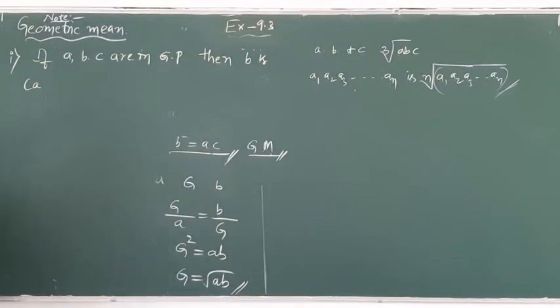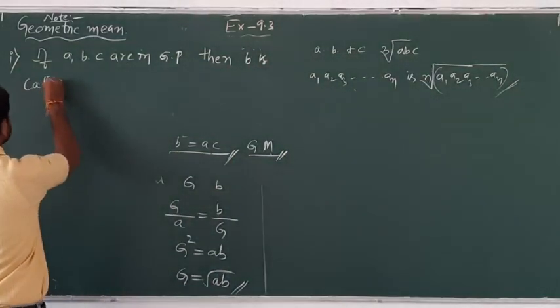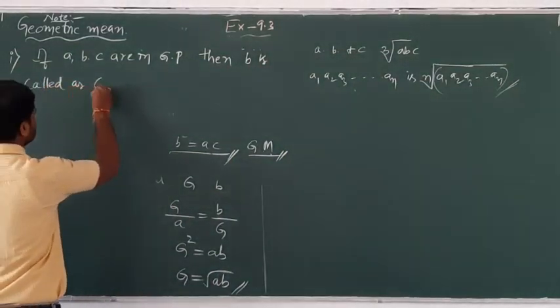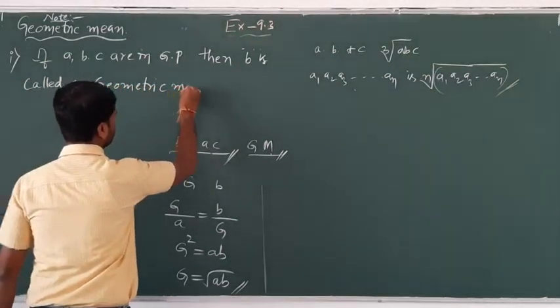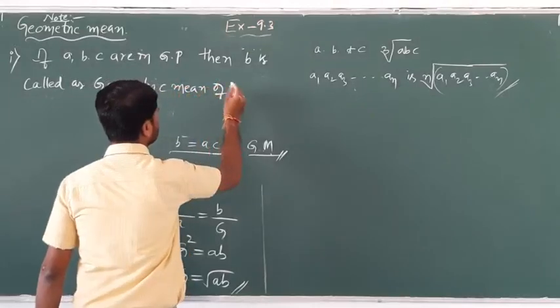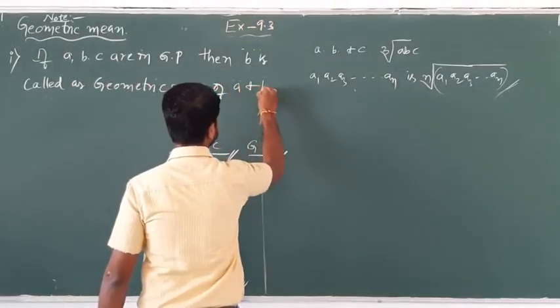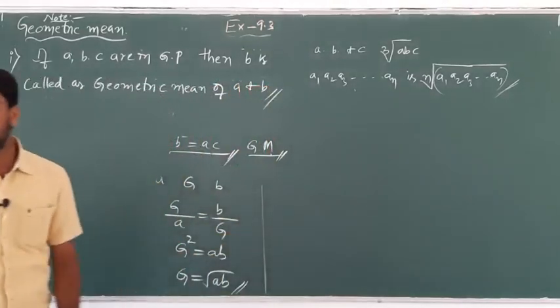Then b is called the geometric mean of a and c.